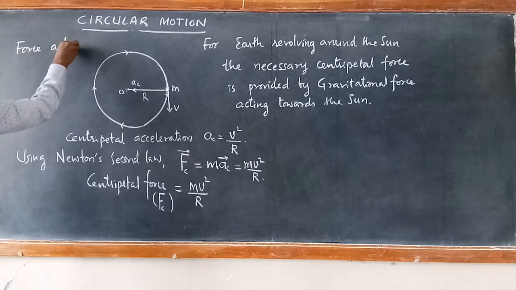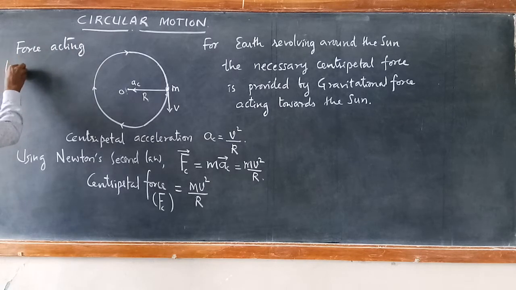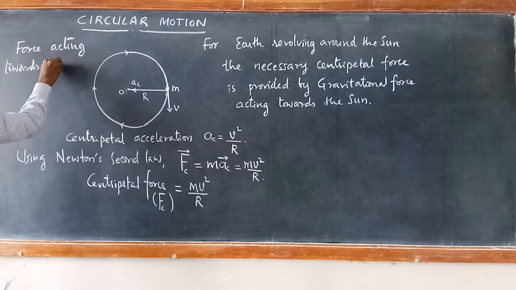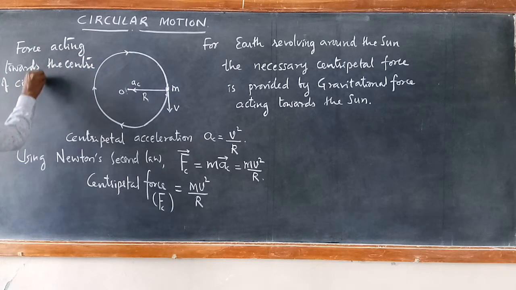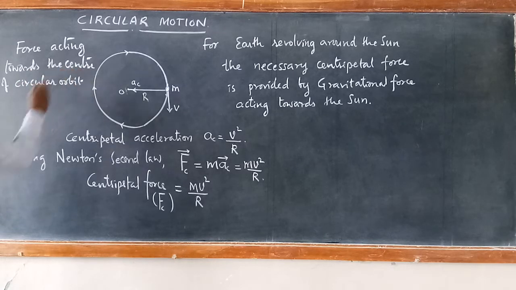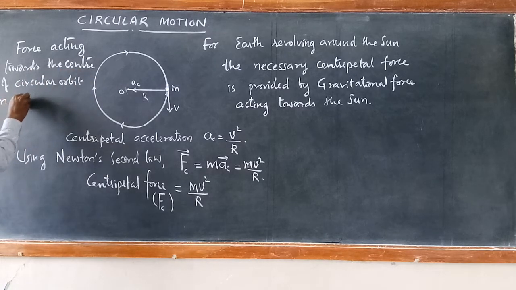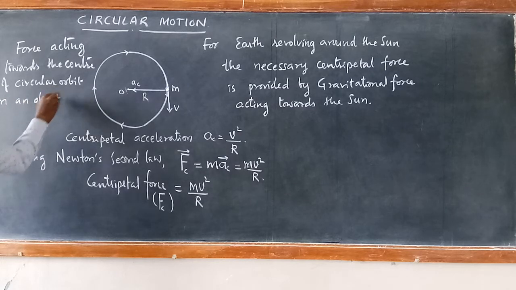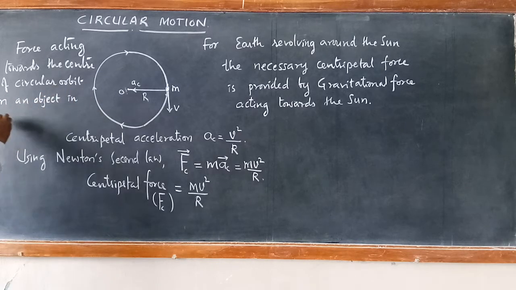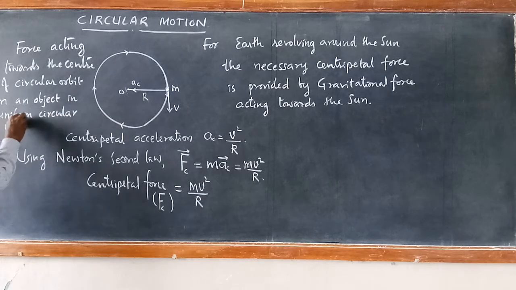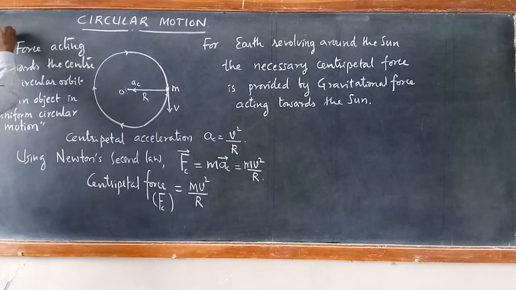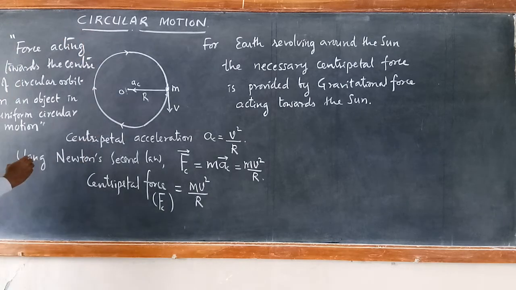The force acting towards the center of the circular orbit on an object in uniform circular motion is called centripetal force.